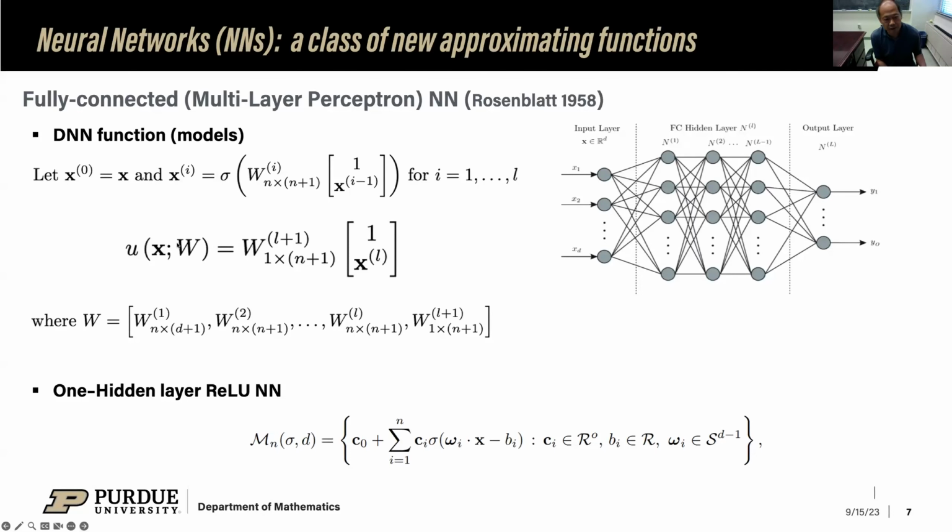So one way you can think about it is to start with the independent variable x. Then we produce a function I call u. If you write it in this way, you can see that u is essentially a linear combination of 1 and the neurons in the last hidden layer. So in a way you can think of 1 and the last hidden layer as providing basis functions.